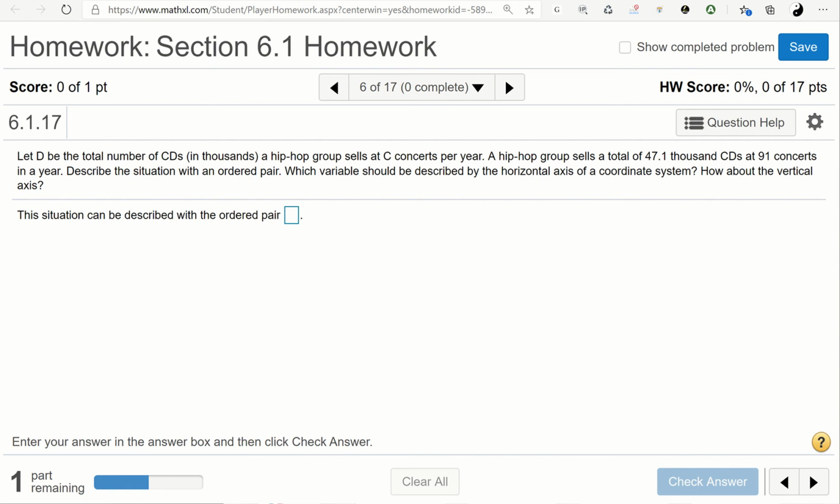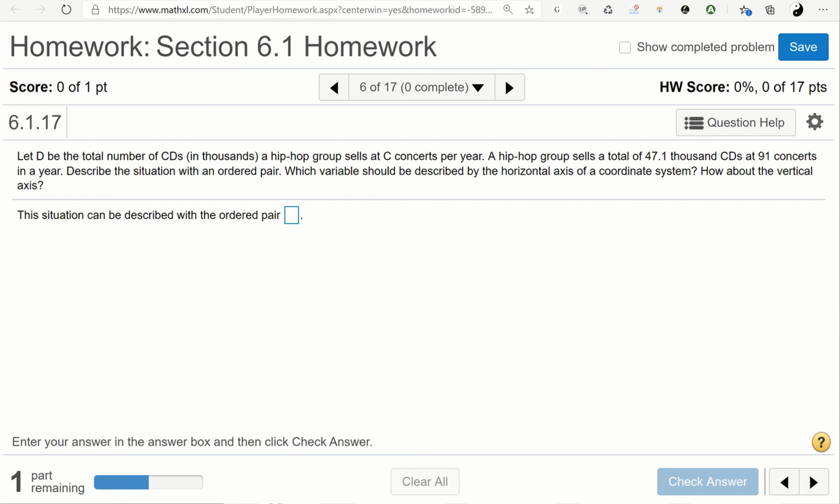Which variable should be described by the horizontal axis of a coordinate system, and which one should be the vertical axis? Now, as you can see, it would make sense for the number of concerts to be the explanatory variable, because the more concerts, the more CDs they should sell, right? So we'll go ahead and set it up that way.